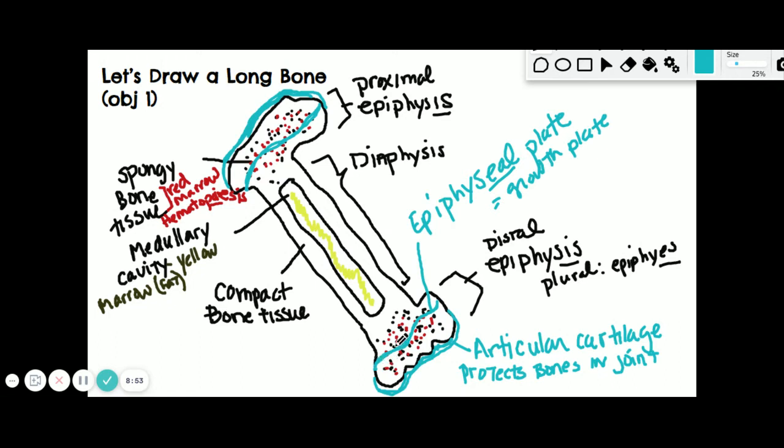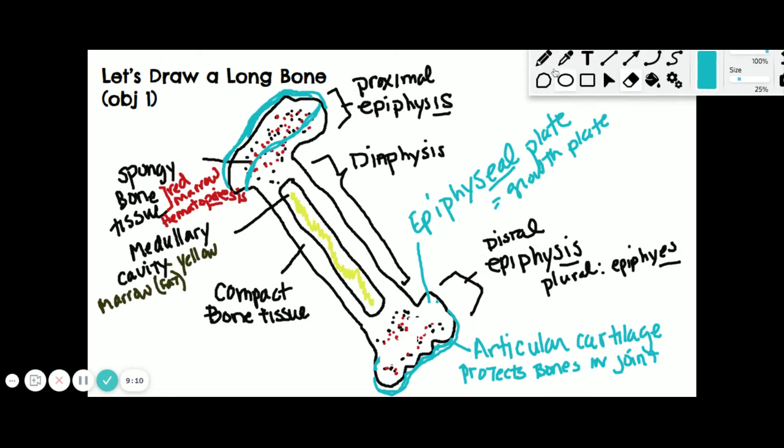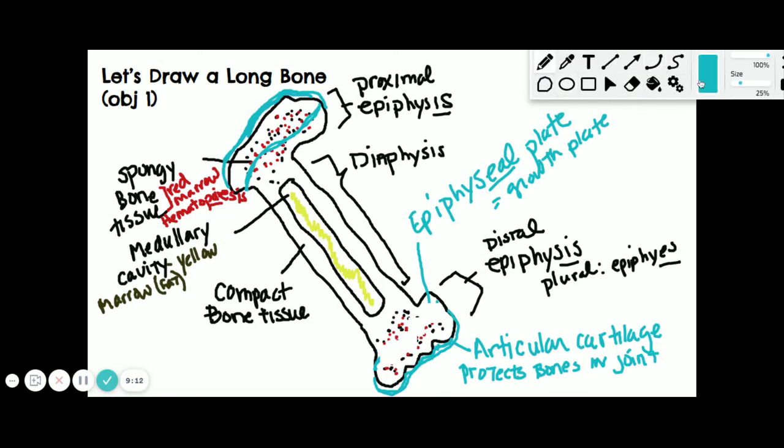Now, if that growth plate closes, and it will as you mature, then what we will see is not a growth plate that's thick in a big band like this, but what we'll instead see is a thinning of that epiphyseal plate into an epiphyseal line.